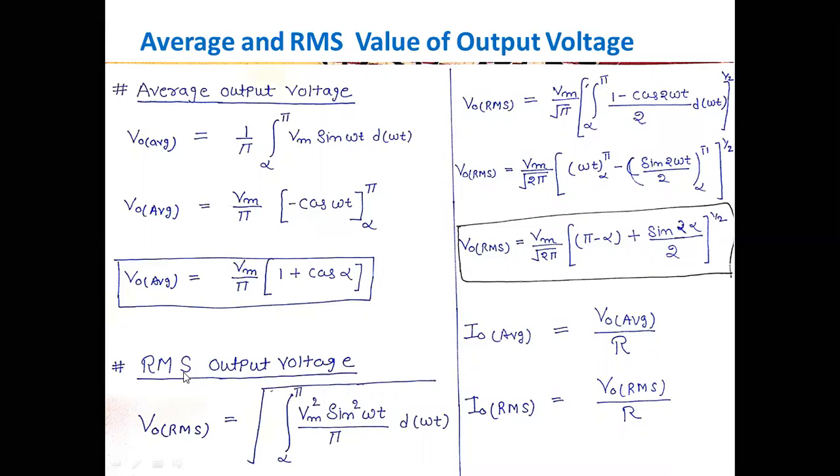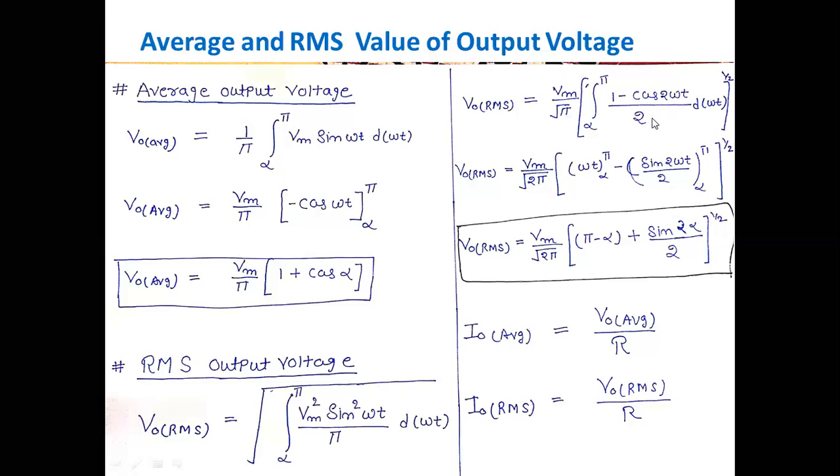Now, similarly, we can find the RMS output voltage. RMS means root mean square. So first we have to square the equation, that is Vm square sin square omega t. Then we take the mean, that means 1 upon pi, integration between alpha to pi, and then root. We can simplify this: take Vm out, pi is out, so this becomes root pi. In the bracket we can use sin square omega t is equal to 1 minus cos 2 omega t by 2.